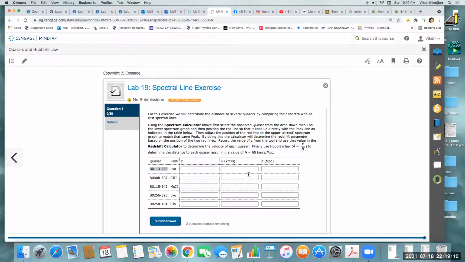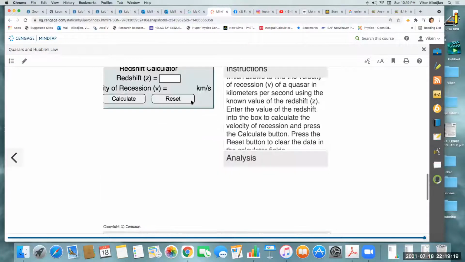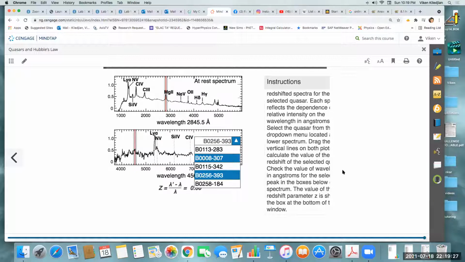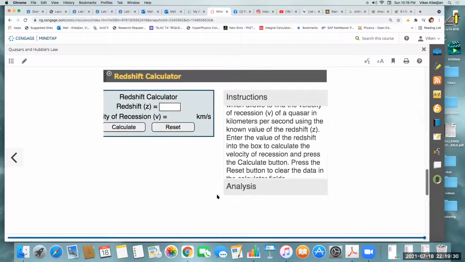Okay, so then let's say you just go to one of these quasars, and then you go to the C3 line. So then you just basically would choose that quasar, whichever one it is. Then you go to the, let's say, which one was the one that I was pointing to?